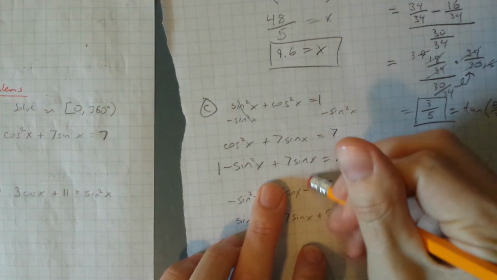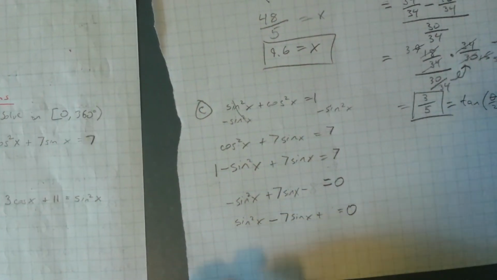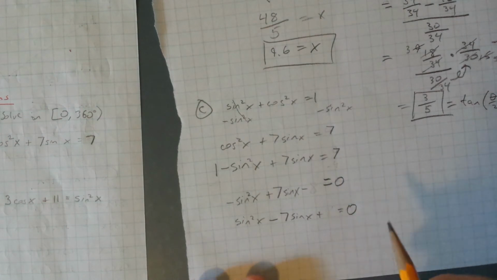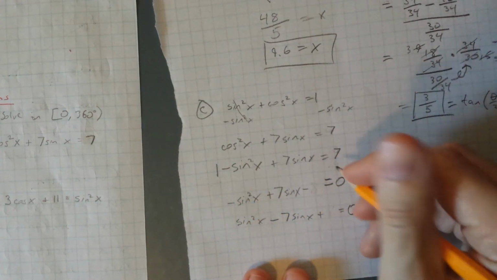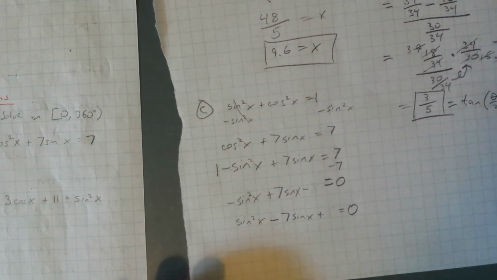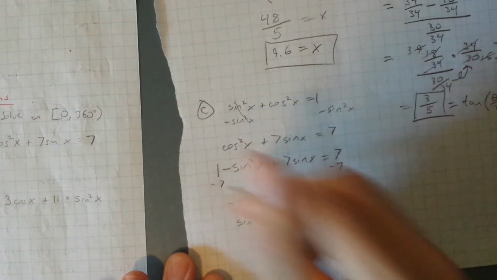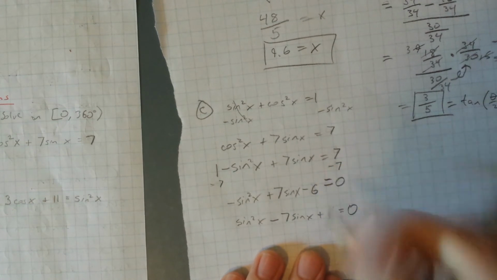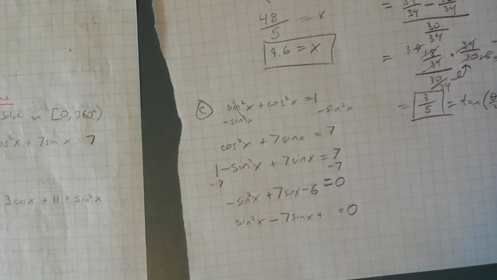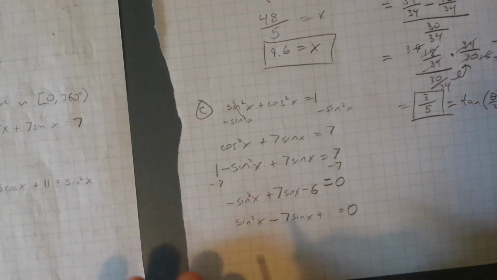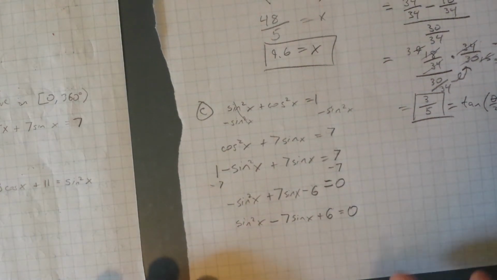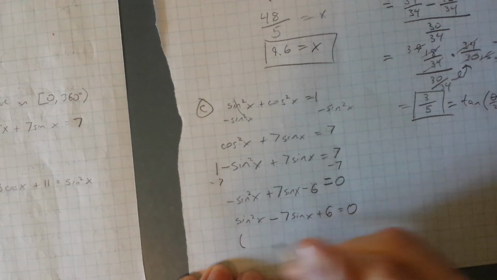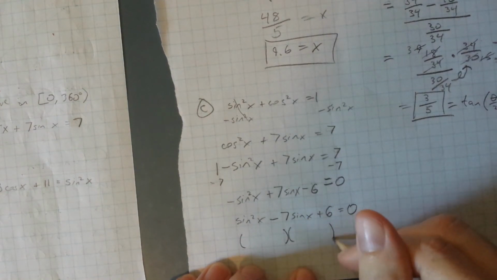So let's back up to this last step. Okay, we'll try this again. So I'm going to, again, try and set everything equal to 0. So I need to subtract 7 from both sides. That gives me a negative 6. Okay. Now we're going to multiply through by negative 1. It's going to make that a positive 6. And now I'm going to try and factor this.